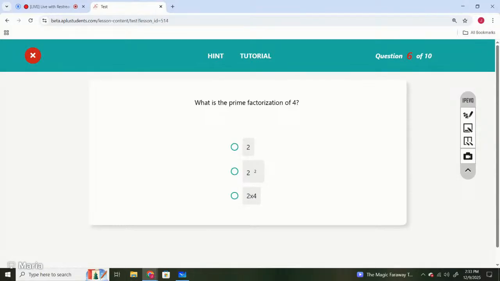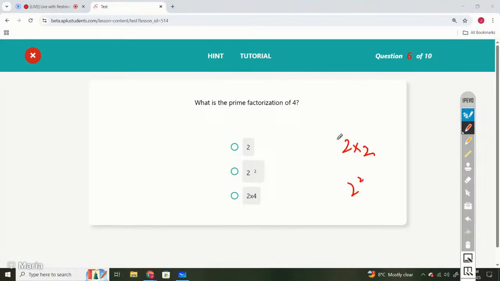What is the prime factorization of 4? That is 2 times 2, and 2 times 2 is 4, so we can write it as 2 squared.